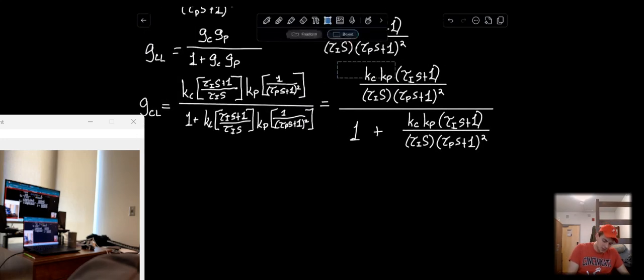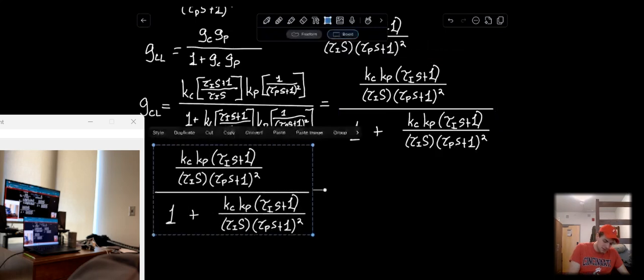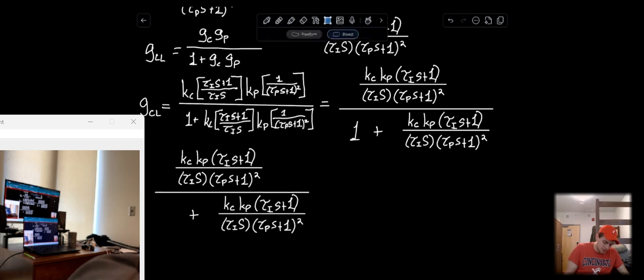Now, for this guy here, what we're going to do algebraically is combine the fraction. So let's rewrite 1 as tau_I s (tau_p s plus 1) squared over tau_I s (tau_p s plus 1) squared. And now we're just going to add these fractions across here.